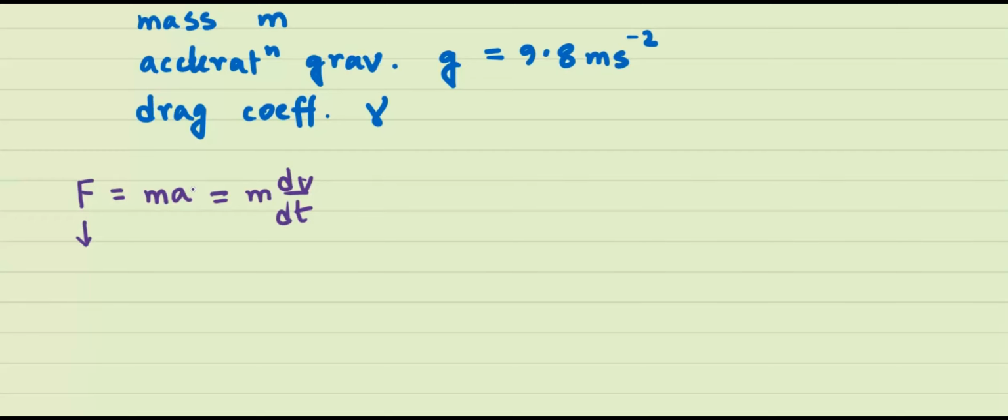In this case, there are two forces in action. One is the force due to the acceleration of gravity, and the second one is the drag force because of the viscosity of the medium.